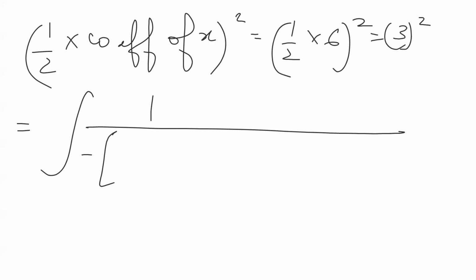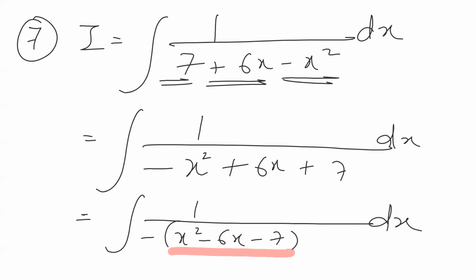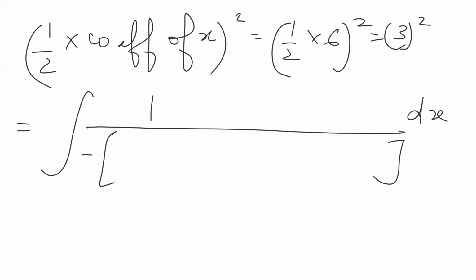Minus sign before the constant, after the constant is minus 7. x square minus 6x plus 3 square minus 7 minus 3 square.